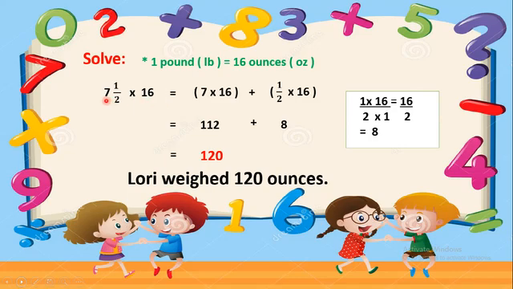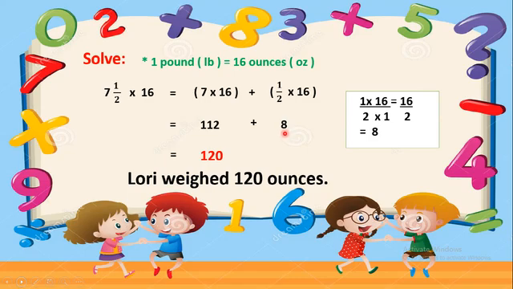So first is the whole number. So right inside the parentheses, 7 times 16 plus the fraction part, which is 1/2 times 16. After that, find the product of the numbers inside the parentheses. So 7 times 16 will give us a product of 112 plus 8.